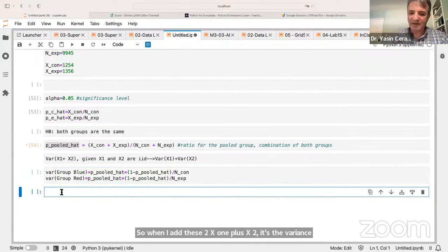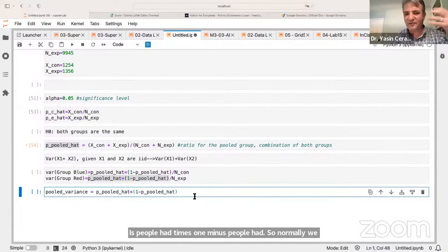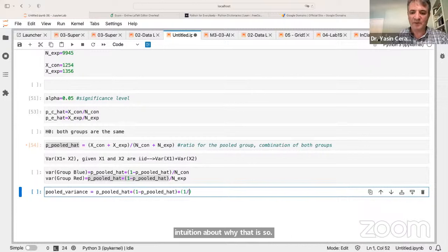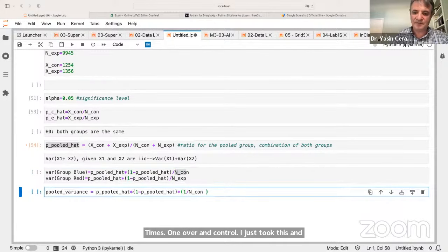So that's why I'm going to say pooled variance is P pooled hat times 1 minus P pooled hat. Normally we just memorize this. I'm just trying to give you some intuition about why that is so. Times 1 over N control, I just took this N control and put it here, plus 1 over N experiment.